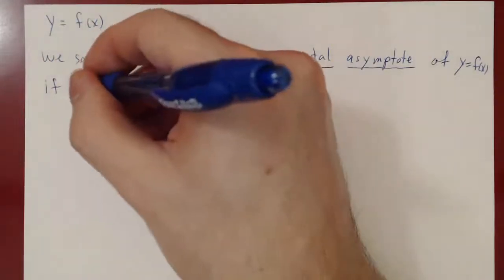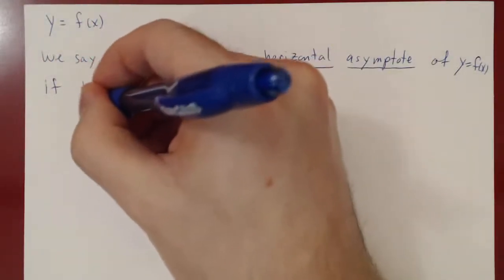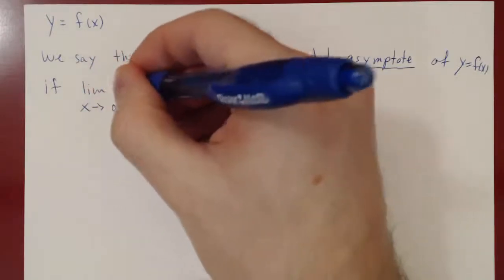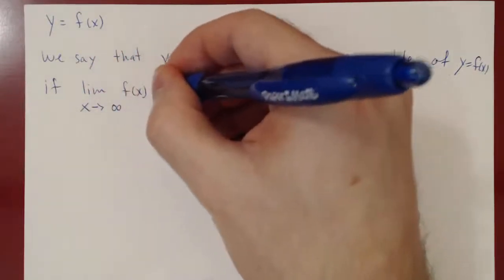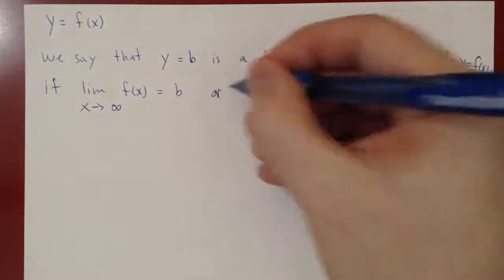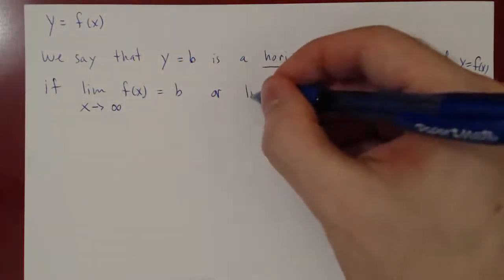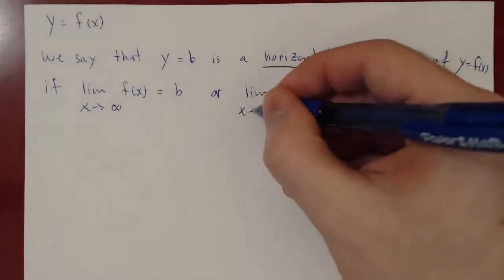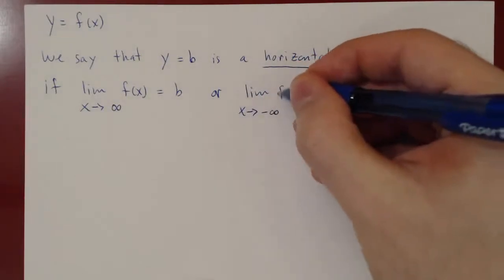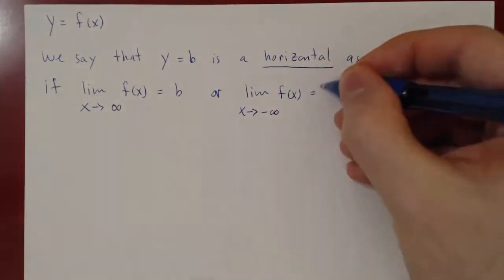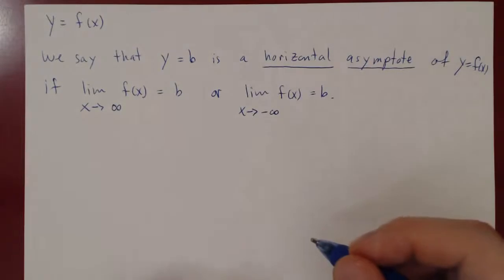if either the limit as x goes to positive infinity of f of x equals b, or the limit as x goes to negative infinity of f of x approaches b.